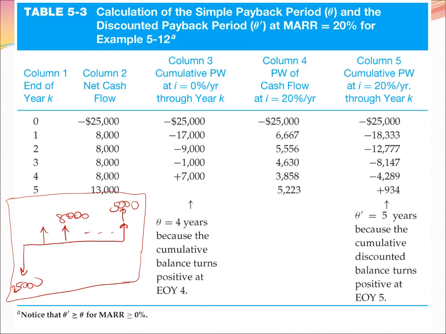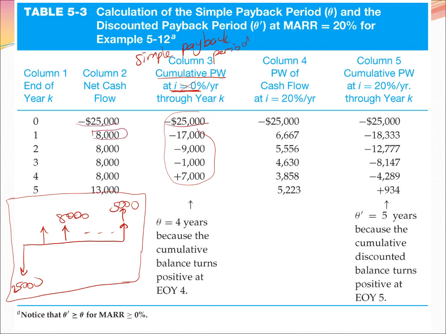Here this column represents the cumulative present worth for i equals 0%. When i equals 0%, it means that this is the simple payback, ignoring the time value of money. And look, we have initially 25,000 at year 1.